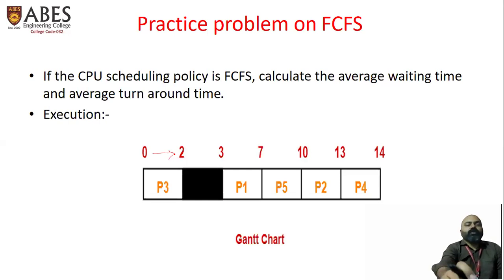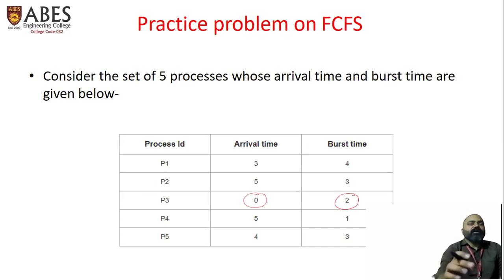Now after 2 unit time, the processor will check if there is any other process which wants to get executed. You can see in this arrival column, there is no process which arrives at 2 unit time.